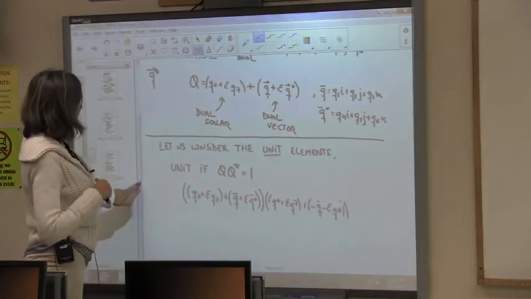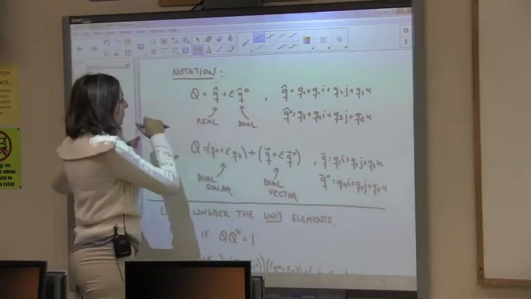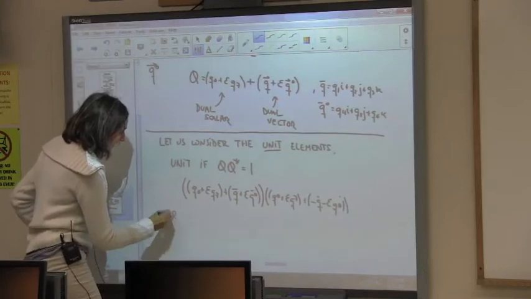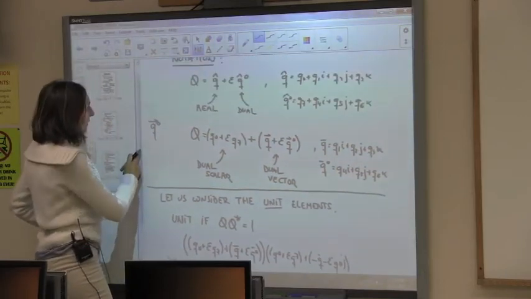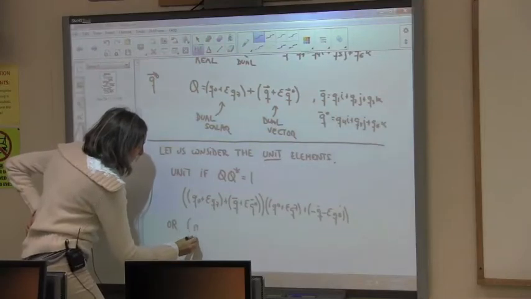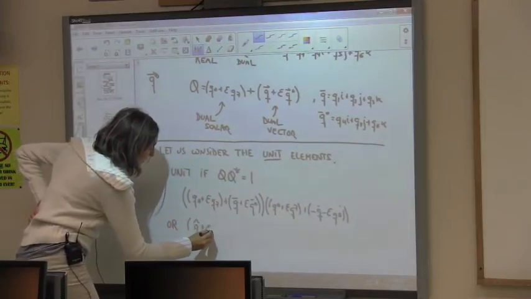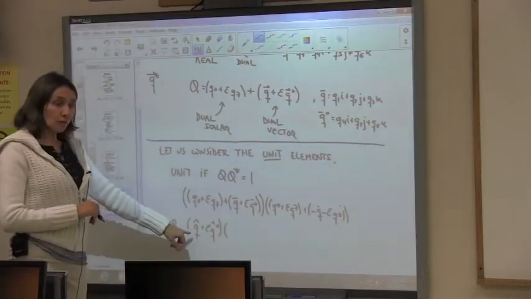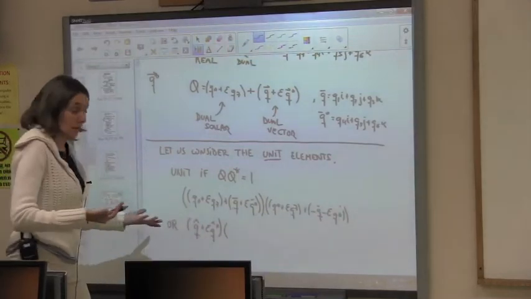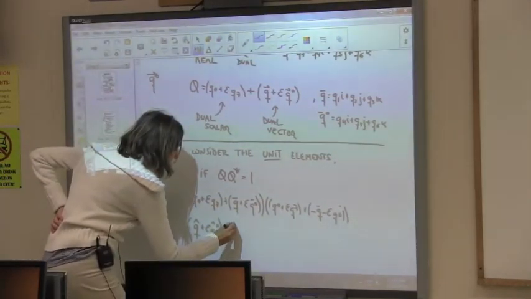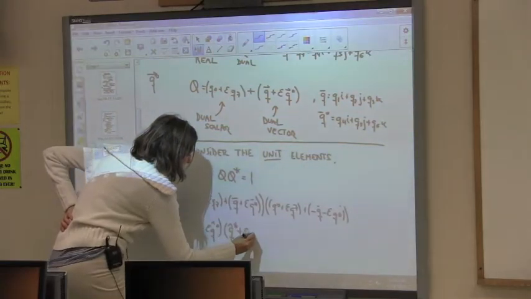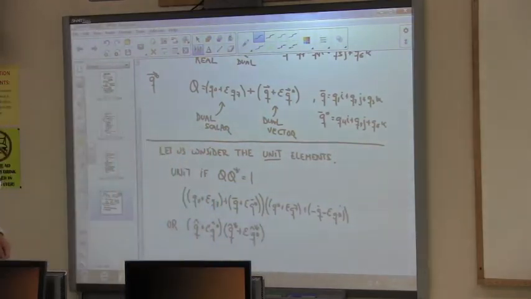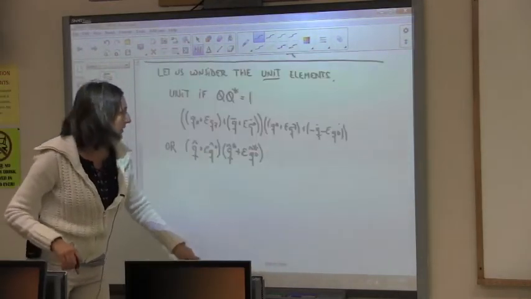Actually, I may want to use the other. This is good for developing, but probably this is better just to see the real and the dual. Okay, we can do this, or we can do q plus epsilon q0 times. Now when we conjugate, we will conjugate this and this. The epsilon doesn't affect, so it will be q conjugate plus epsilon q0 conjugate.